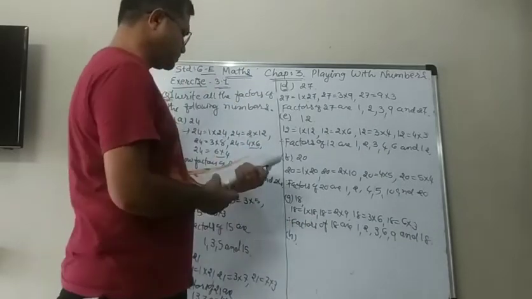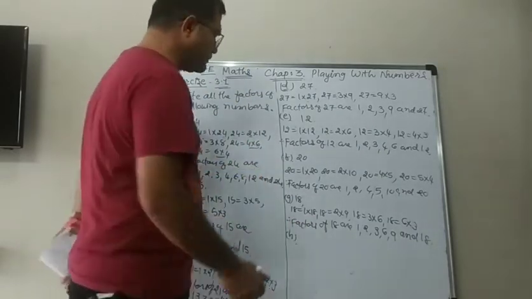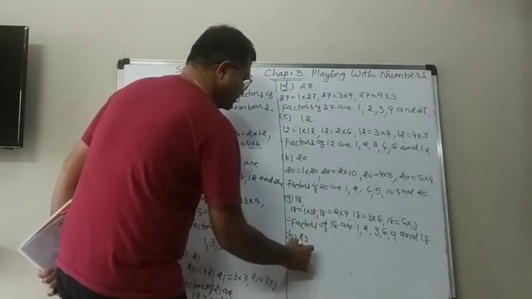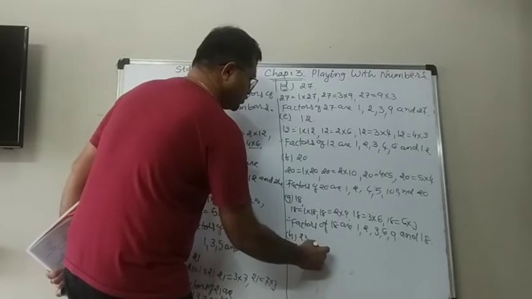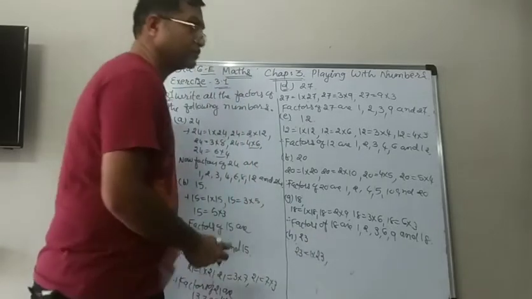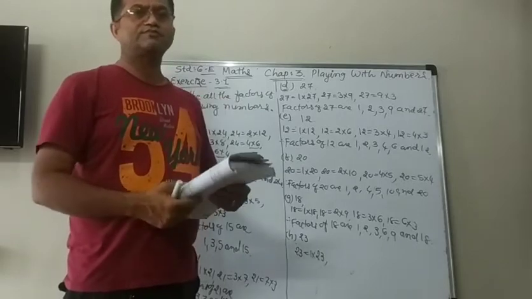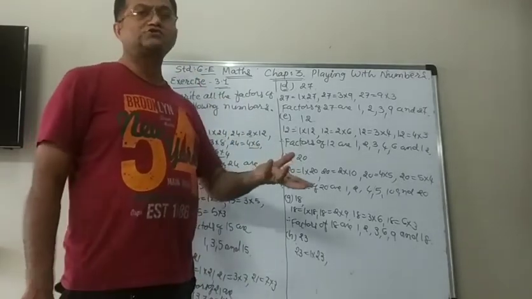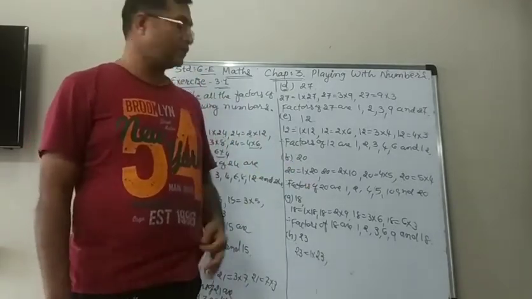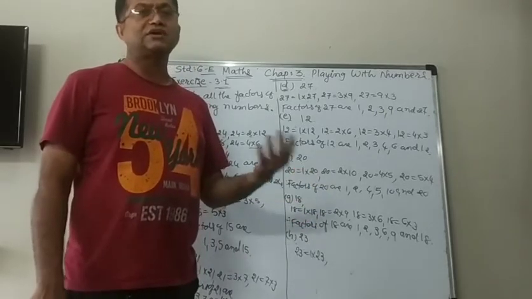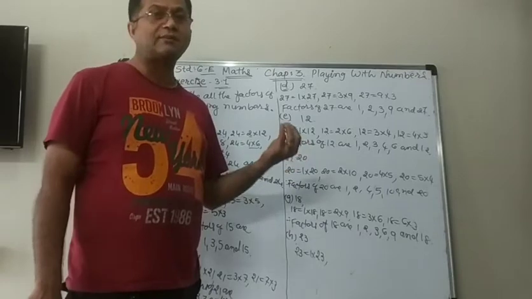Then in H, it is the number 23. So 23 is equal to 1 into 23. Now 23 cannot be in the 2s. 11 2s are 22, but 12 2s are 24. 3 7s are 21, 3 8s are 24, so it is not divisible by 3.